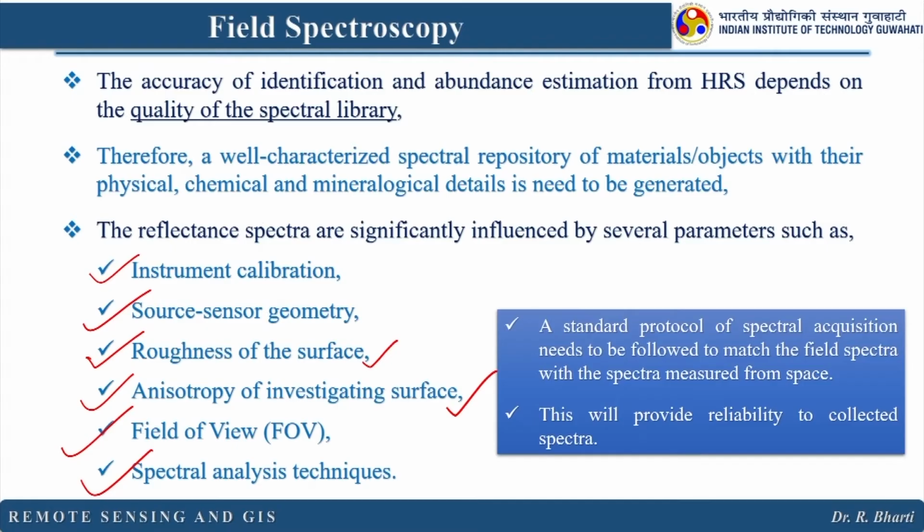Then only you can upscale this information to satellite scale. This will provide reliability of collected spectra. So once you have followed the standard protocol, then you can match your measured spectra with any other spectra measured elsewhere, right? If both of them are measured using some standard protocol, right?